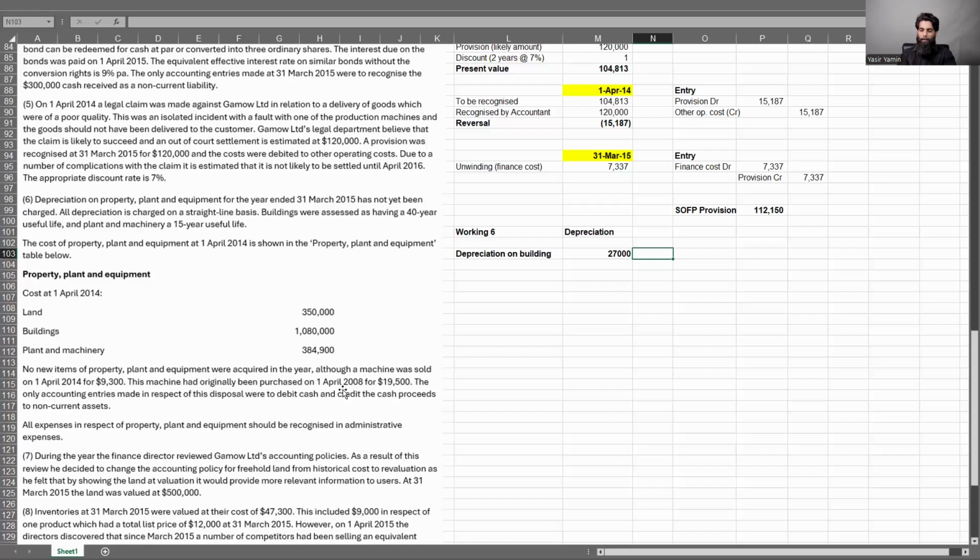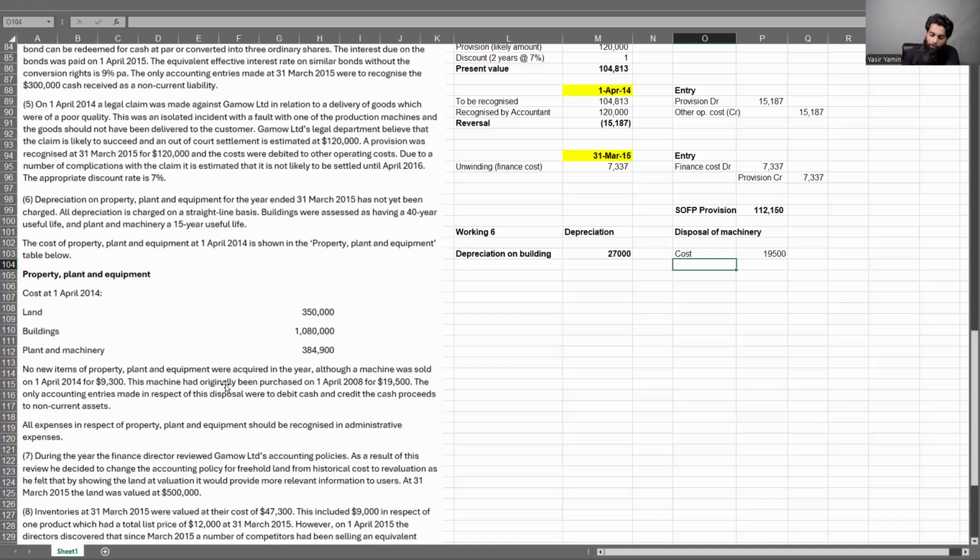There is a disposal of machinery. The machine that has been disposed had an original cost of 19,500. Make sense? It was purchased on 1st April 2008. You are standing on 31st March 2015, and you sold this on 1st April 2014.